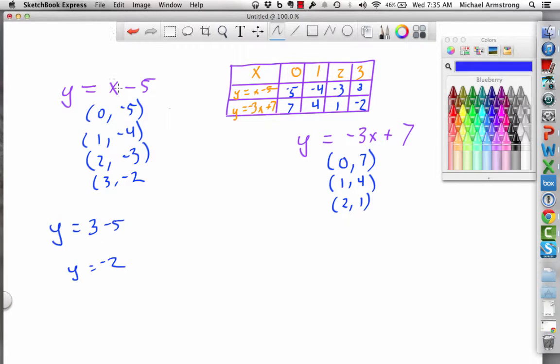We put 3 into the x and out came -2. Do the same thing over here. y equals -3 times 3 plus 7. Okay, and so y is equal to -9 plus 7. And then y is equal to -2.